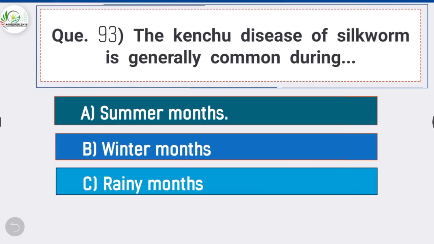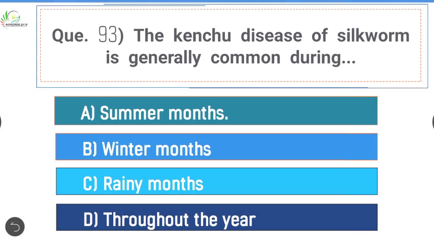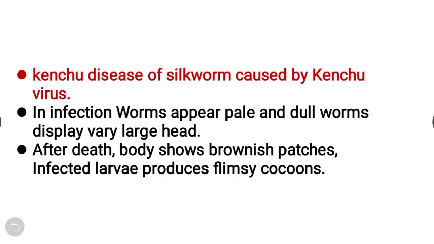The Kenchu disease of silkworm is generally common during, and the correct answer is option A, summer months. Kenchu disease of silkworm is caused by Kenchu virus. In infection, worms appear pale and dull, and display a very large head. After death, body shows brownish patches. Infected larvae produce flimsy cocoons.